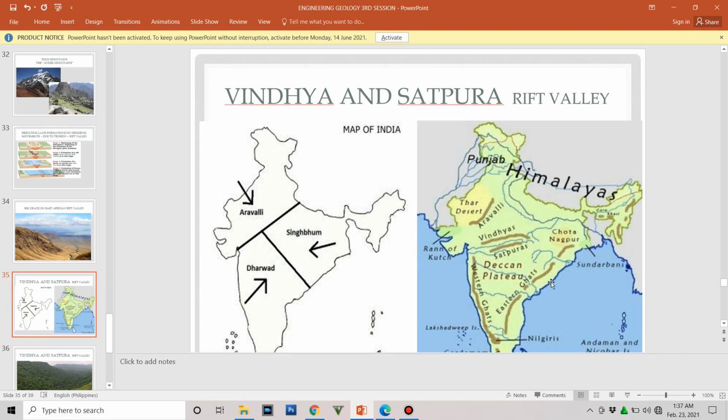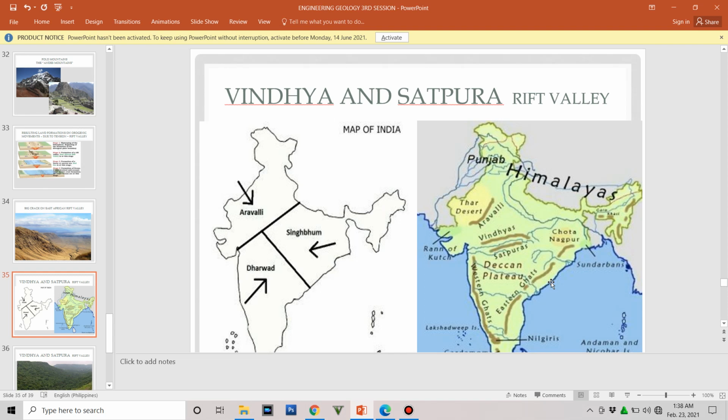So another rift valley is the VINDHYA and the SATPURA Rift Valley. So as we can see in the slide, okay, India was made by these three plates, and then when these three plates were collided, then there was a formation of a mountain.